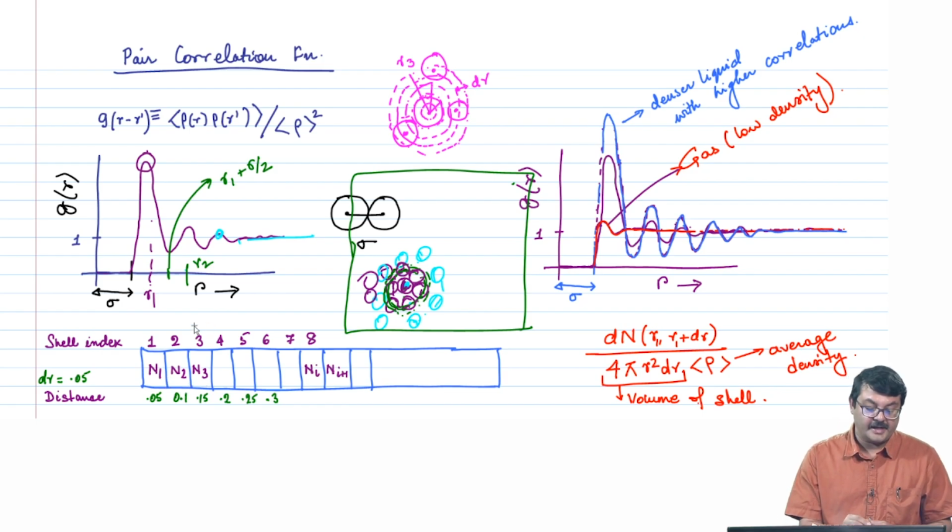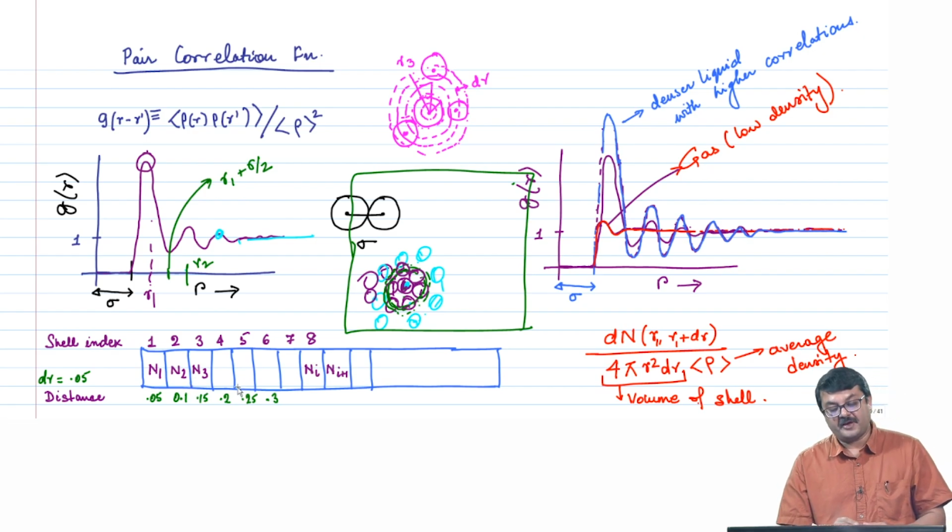When the index is 3, you store how many particles you can find between 0.1 and 0.15, and so on.